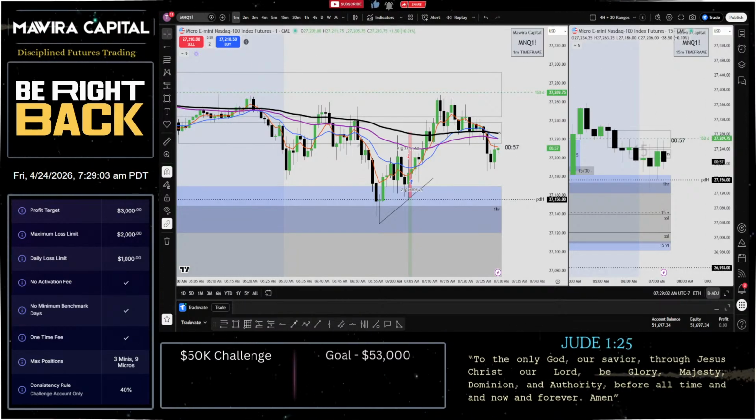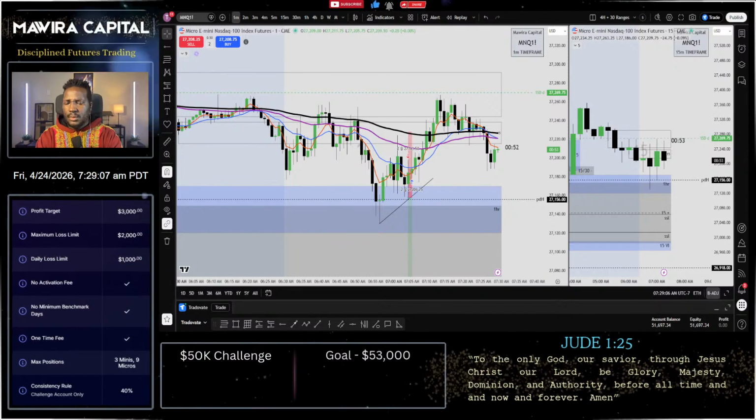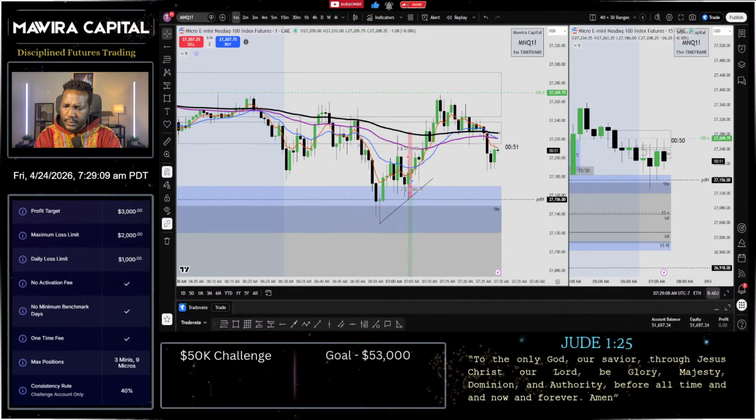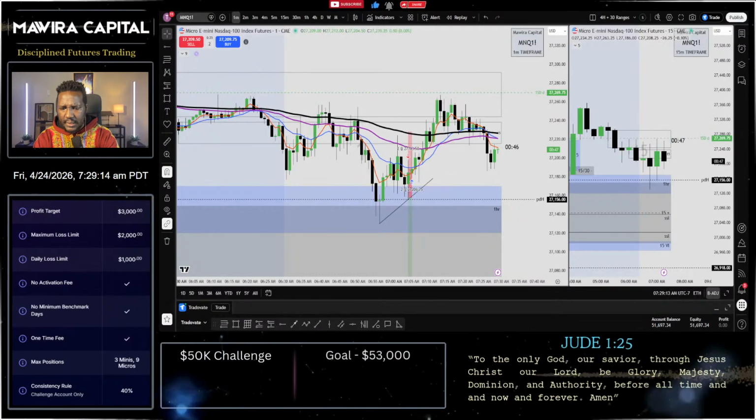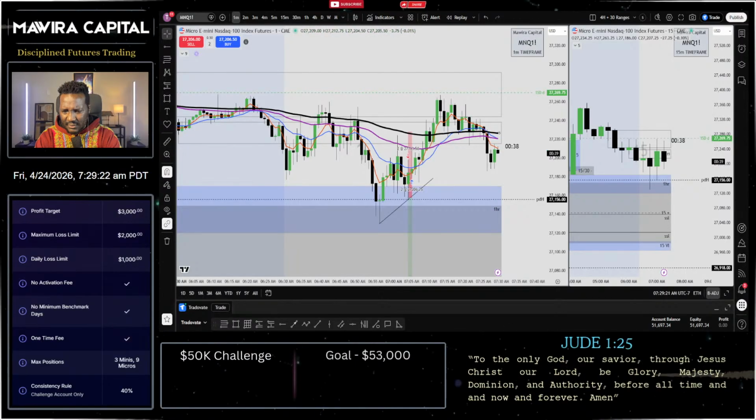Okay. I'm gonna have to look for a better way to display that profit, because this thing sometimes will just, okay, there we go. I did cut off yesterday as well.